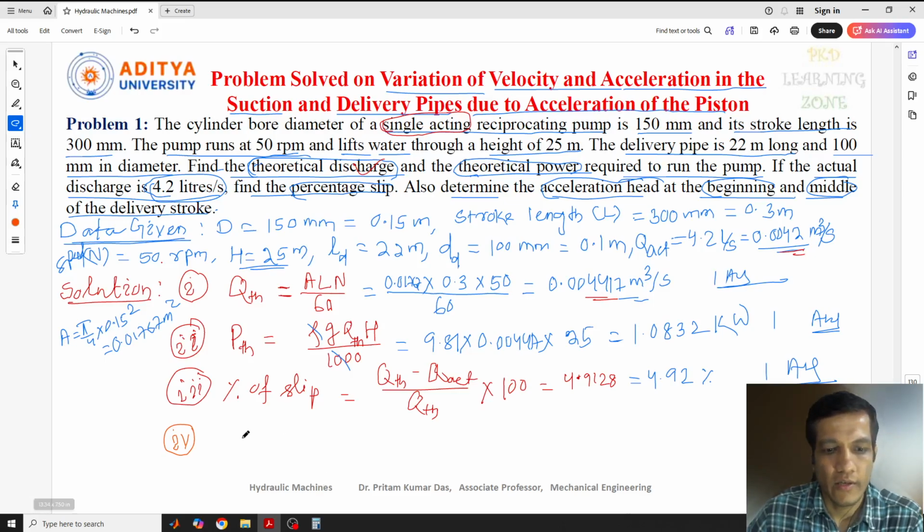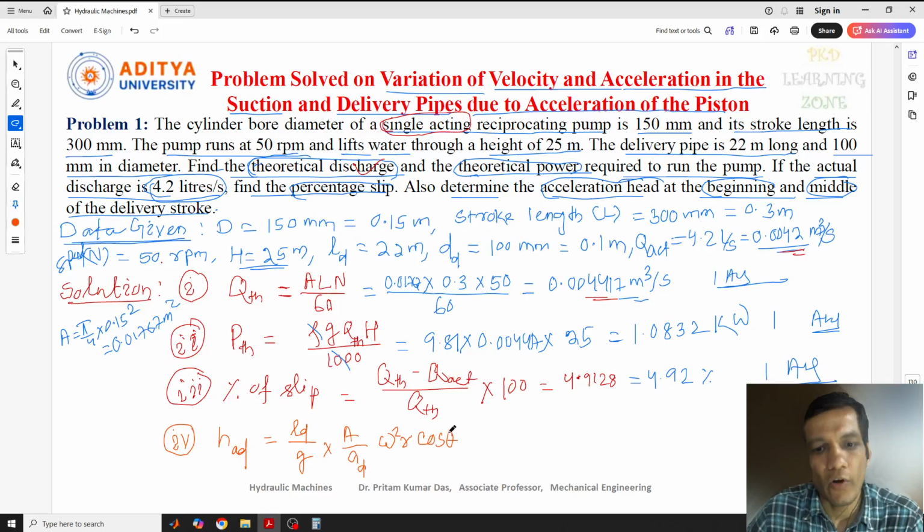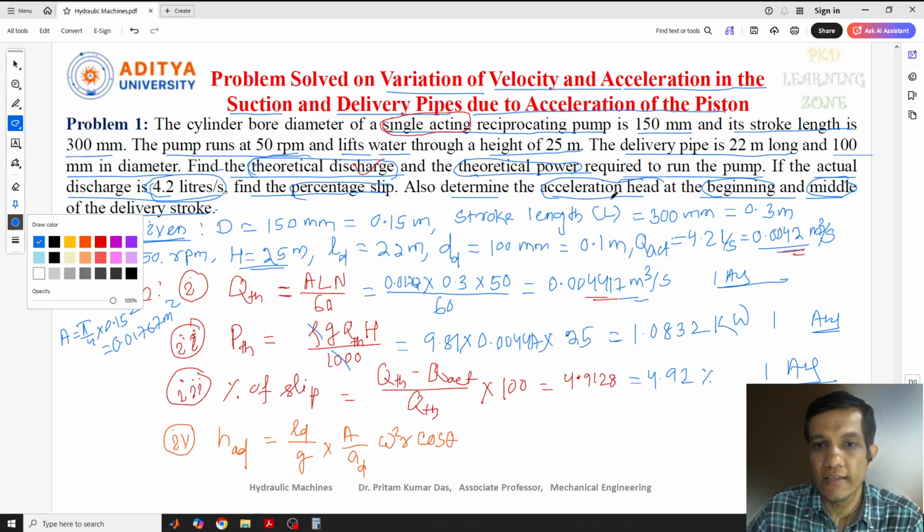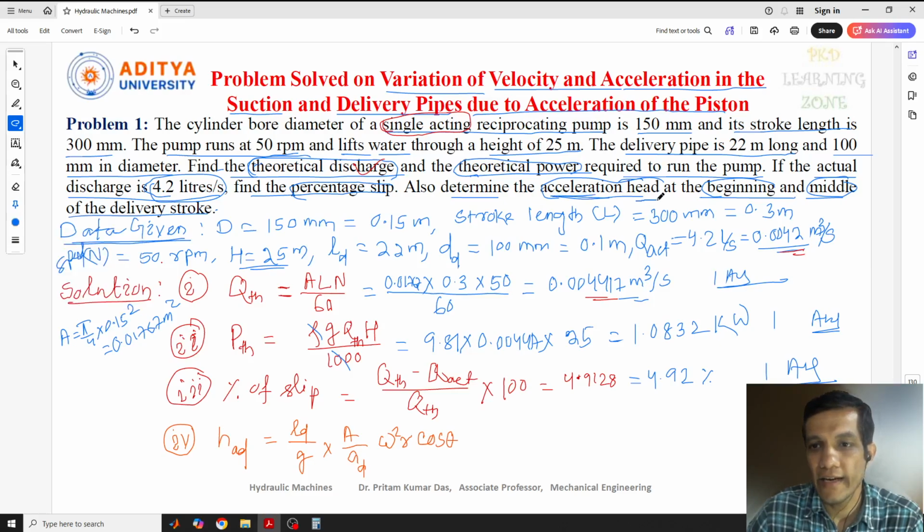We know this formula: acceleration head H AD equals, for the delivery pipe, which is why I am writing L D, L D by g into capital A by small a D into omega square R cos theta. We need to determine the acceleration head at the beginning and at the middle of the delivery stroke.